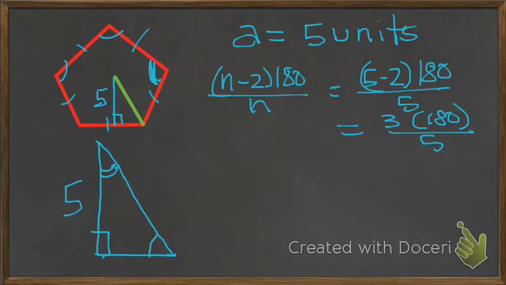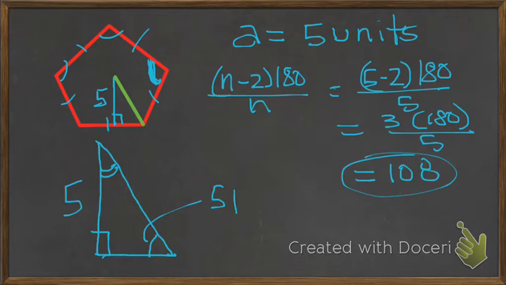So what's that value? This angle is 108 degrees. Now this little green segment, the radius of the polygon, divides that 108 degrees in half. It bisects that angle. That makes this angle down here 54 degrees.